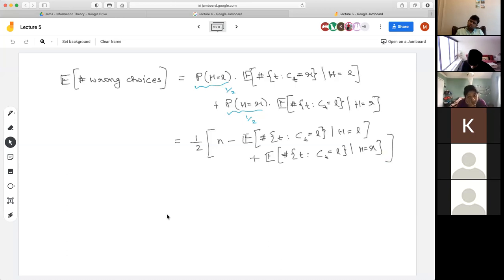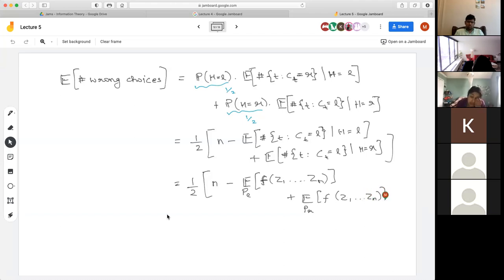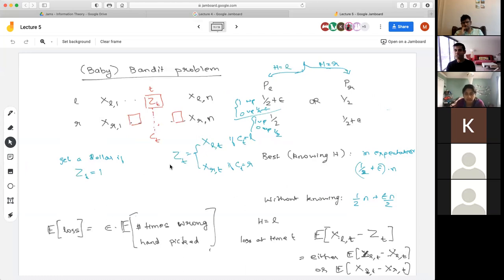And we can formalize that by sort of saying, so remember, Z1 to Zn denoted the data that you actually saw.